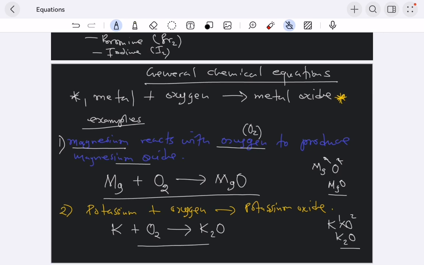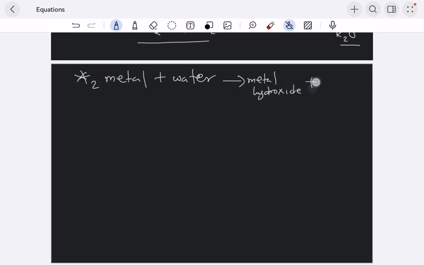Let's move away from this and look at another general equation, which is 2. Let's look at the reaction of a metal plus water, which produces a metal hydroxide plus hydrogen gas.